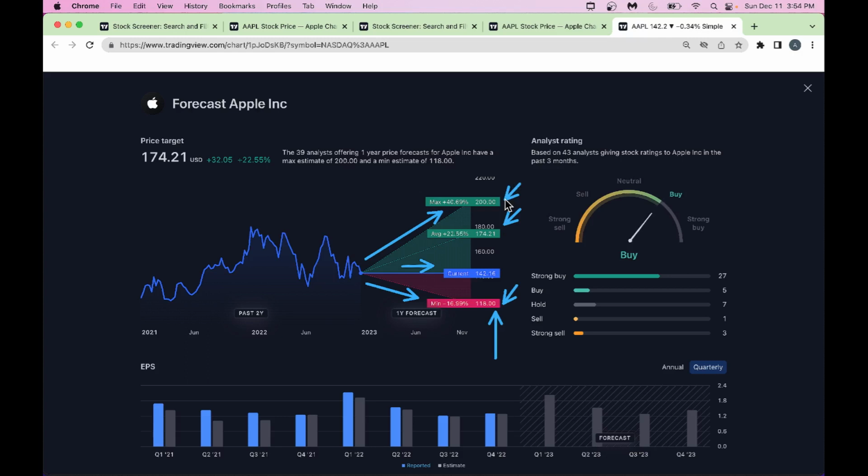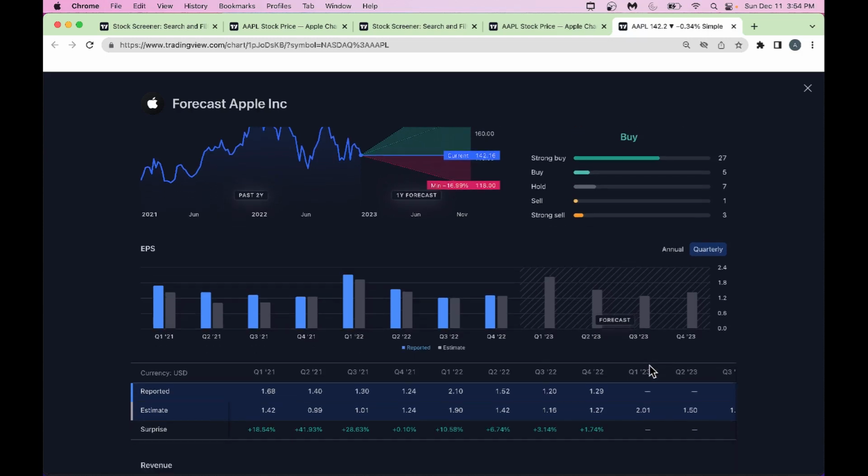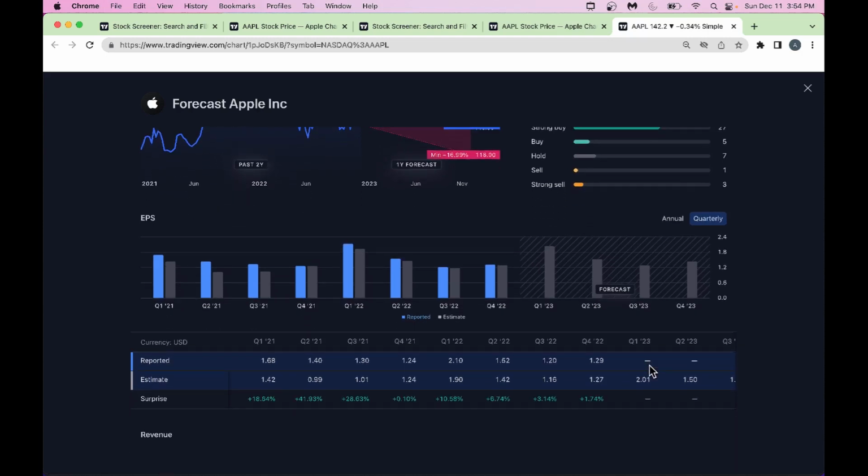All right, it also tells you from an analyst perspective, look, 27 analysts are saying strong buy, 5 saying buy, and we got 3 people saying sell Apple, probably because Apple has a little more debt. Probably that's the reason. And then you get various more details here. You can see what the earnings surprise is. A very good view here.